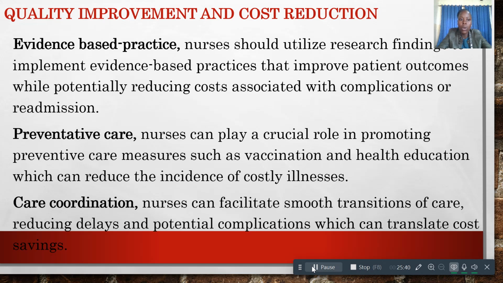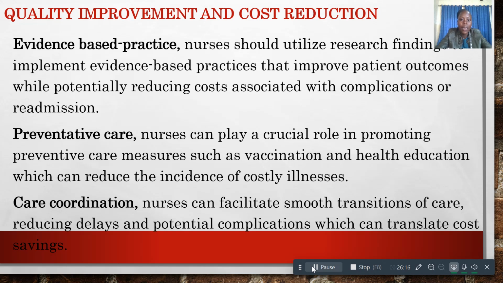So that is what we mean by the evidence-based practice. In turn, we are improving the quality of care of our clients, and also the cost has reduced, because this mother or this caretaker will not have to incur any costs in regards to malaria treatment. Why? Because this child was immunized and the child has not fallen sick of malaria.